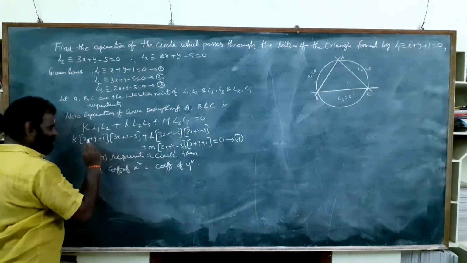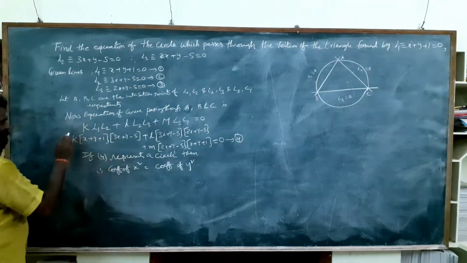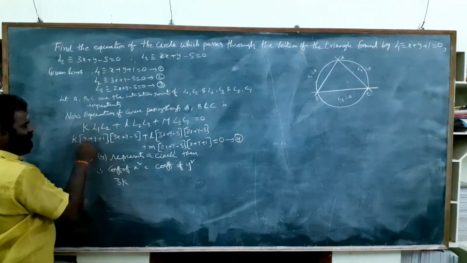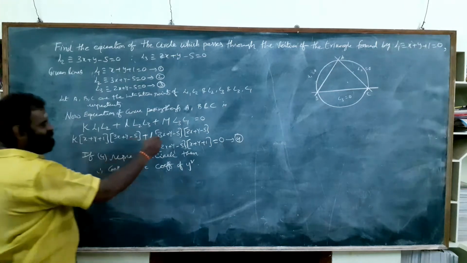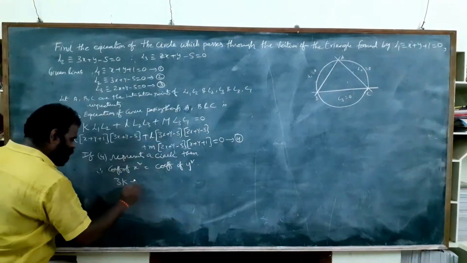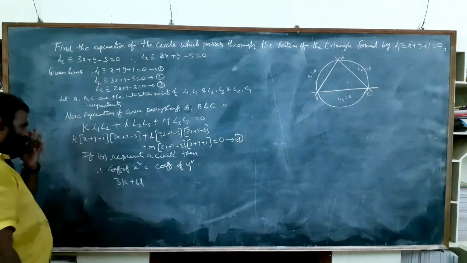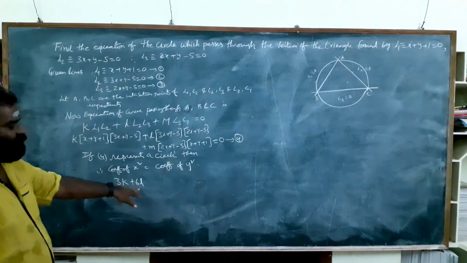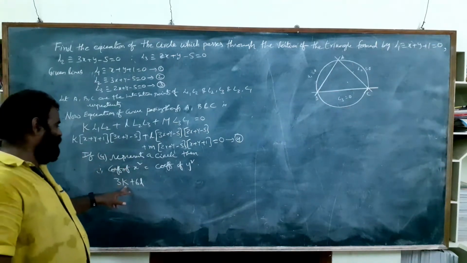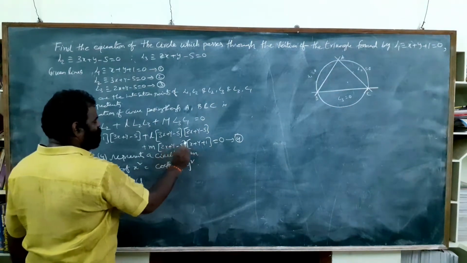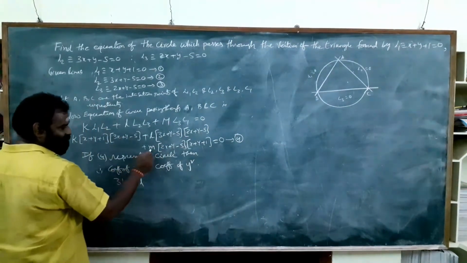So nothing will come here. So x into 3x, 3x square into k, 3kx square. So what is coefficient of x square here? 3k. And in this 3x into 2x, 6x square into L. So plus 6L. We take only coefficient of x square. So it is 6L. So 3k plus 6L. And what is here? 2x into x, 2x square. So here is m also.